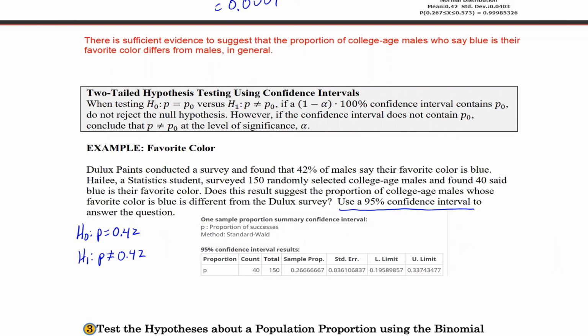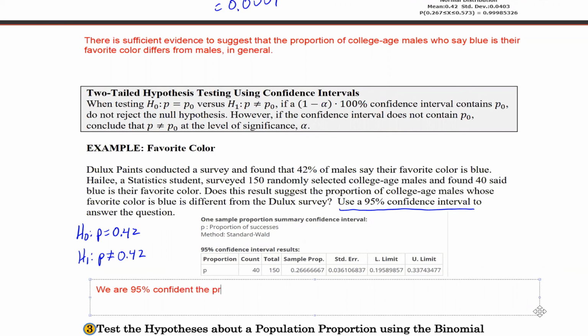And so now we could say we are 95% confident the proportion of college-age males who say blue is their favorite color is between 0.196, the lower bound, and 0.337, the upper bound.